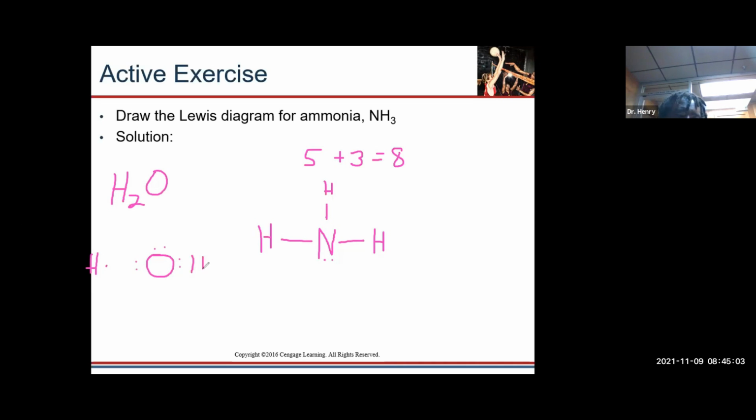And 1. So that's a total of 8 electrons that we're working with. So we'll have these 2 electrons be sharing. Then our Lewis dot structure is going to look like this.